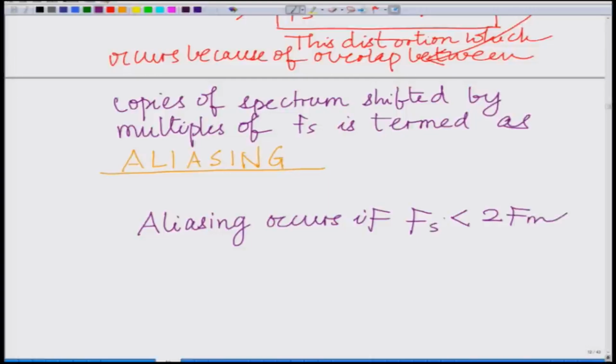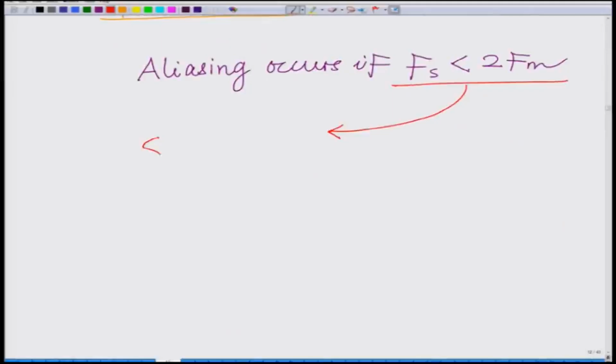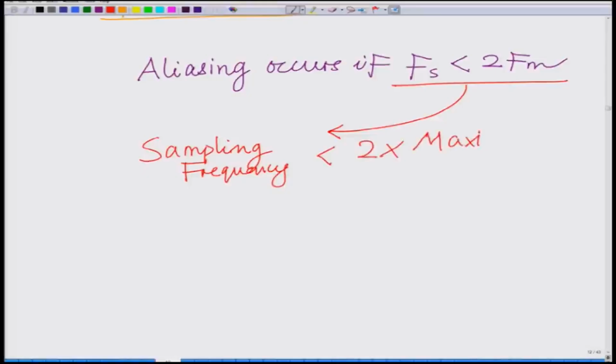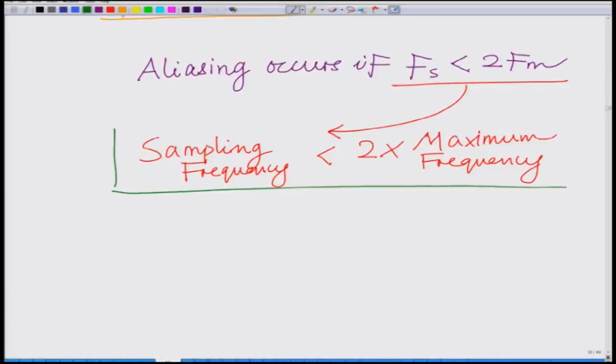Another way of stating this is basically your sampling frequency is less than twice the maximum frequency of the signal being sampled, that is twice the maximum frequency of your m(t).